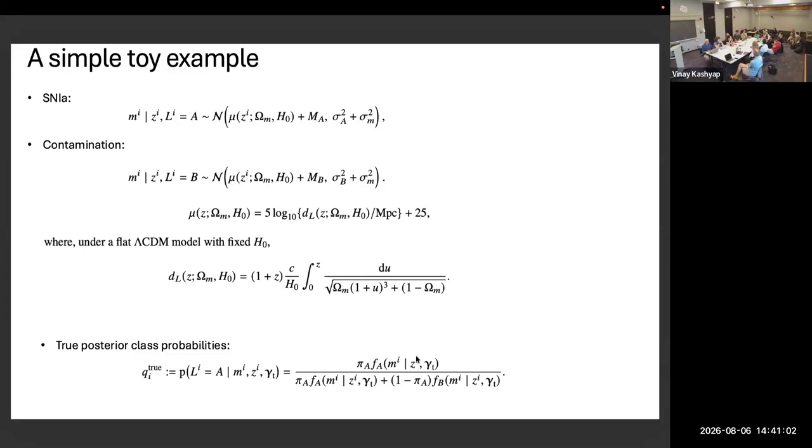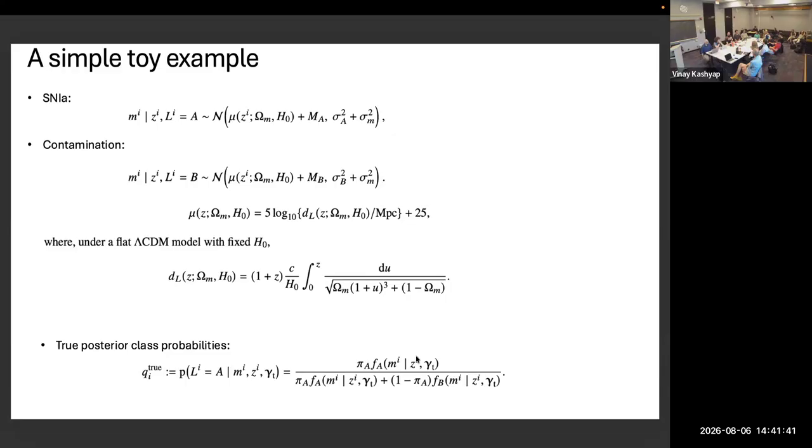So we're only classifying based on shapes and colors and not how bright something is, because brightness is tied to the distance, and that's tied to the cosmology we're trying to infer. So the conclusions from a simple toy example where your entire classification is based on the apparent magnitude at a particular redshift are a bit exaggerated, because distance-independent information like colors and light curve shape is more robust to cosmology, right?